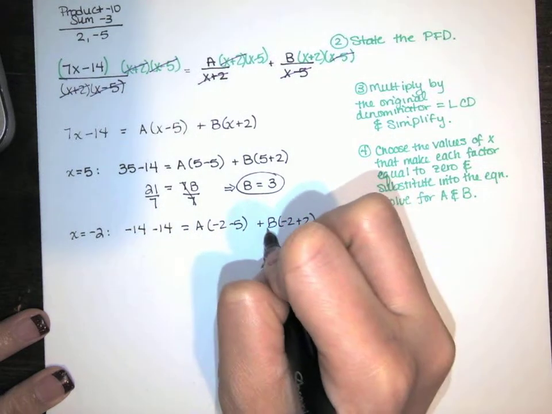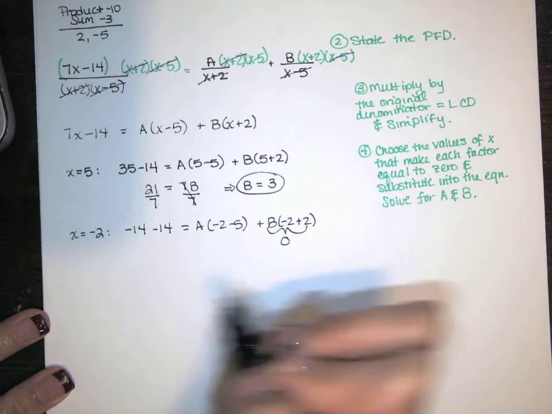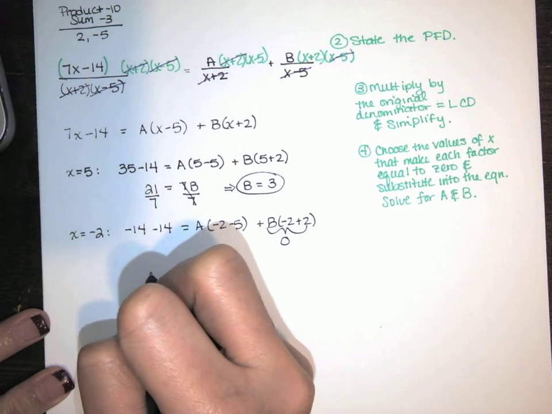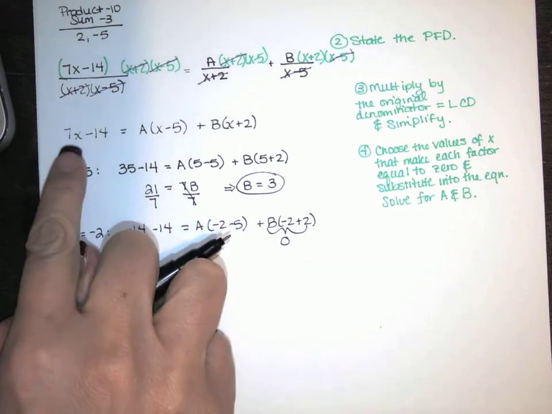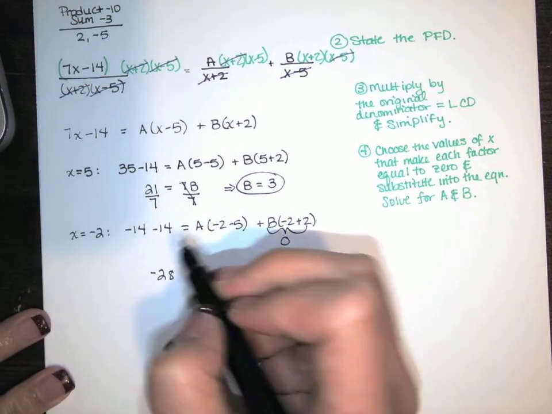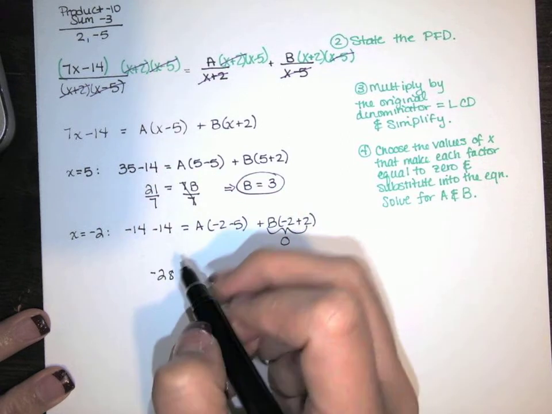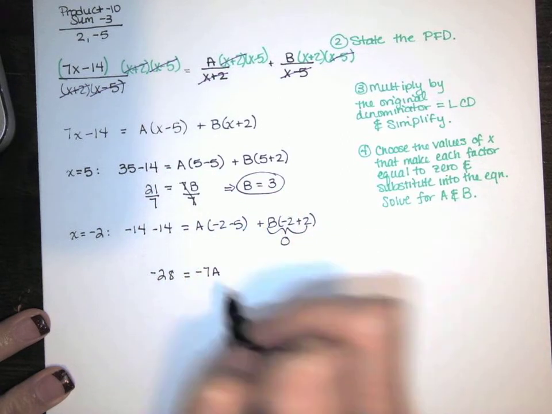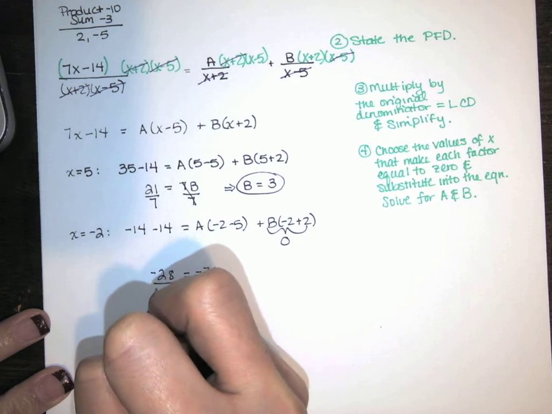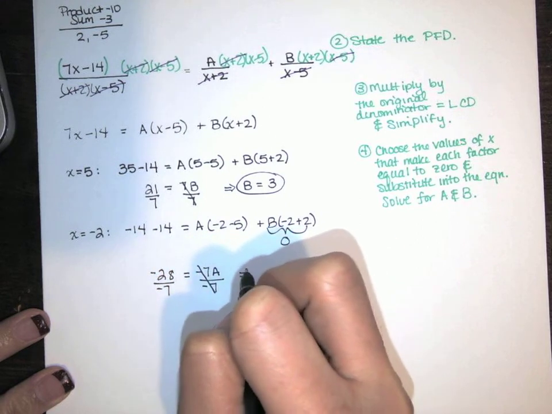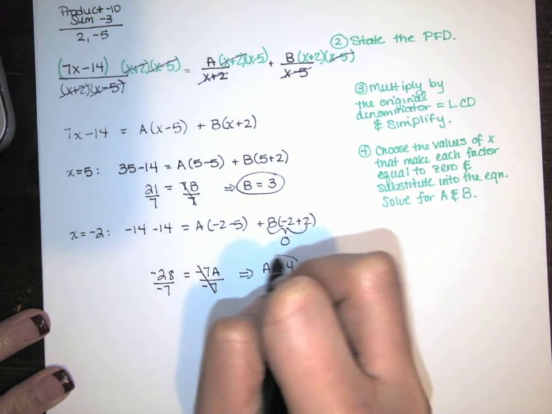And that's 0 by design, so normally we skip this step. Normally we skip this step as well. We get negative 14 minus 14 is negative 28, and negative 2 minus 5 right here is negative 7. So we'll just divide to get a by itself, and we get a equals 4.